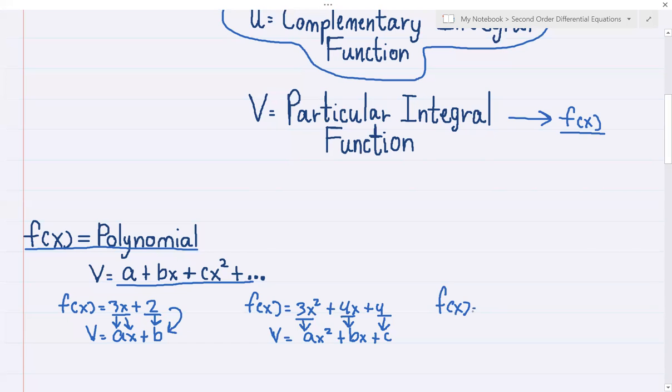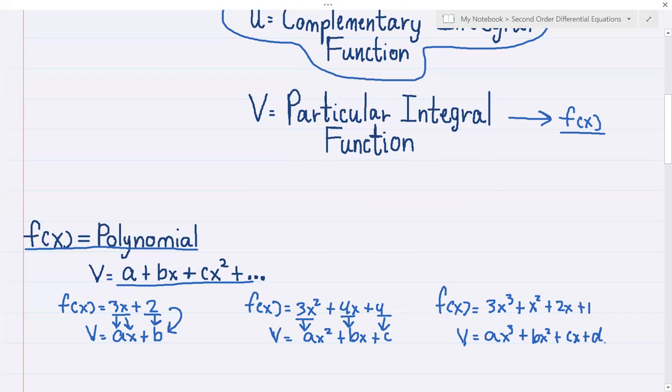If I have a function of 3x cubed plus x squared plus 2x plus 1, what would be my v? So my v would be ax cubed plus bx squared plus cx plus d.